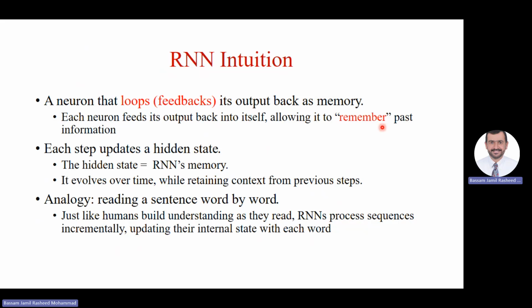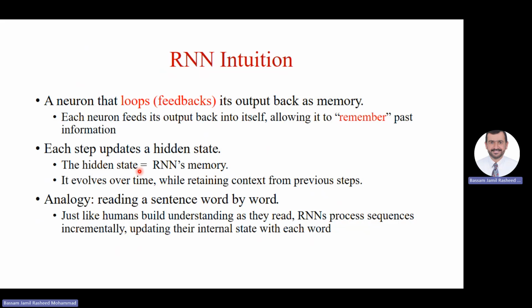In fact, we have seen this in the design of flip-flops and latches in our circuit design courses. Each step updates the hidden state, because with every data we update a hidden state. So what's the hidden state here? It's the memory. This is our technical definition of RNN memory. We refer to it as the hidden state.